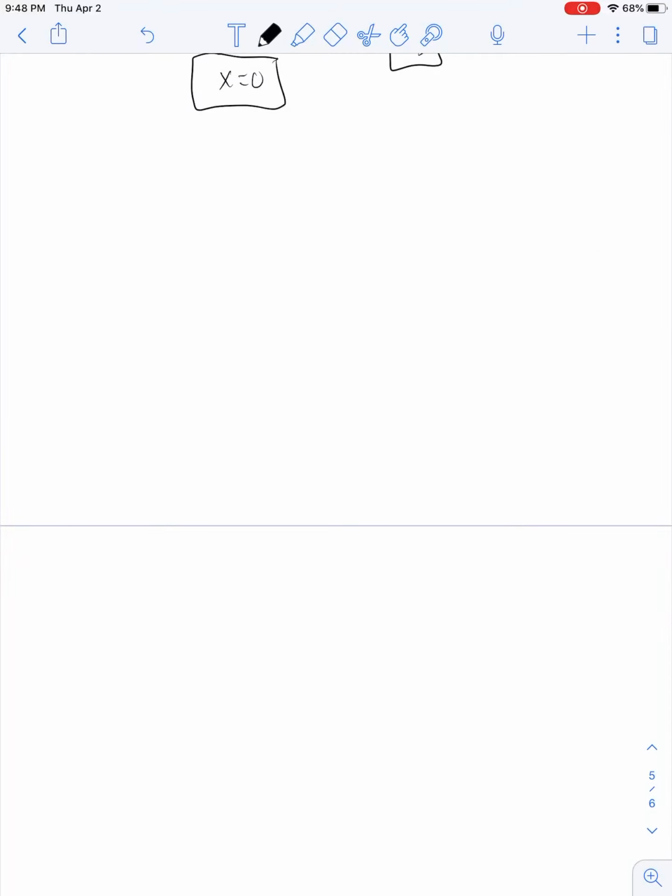Okay, so let's take a look at our next examples. I think these next examples are really nice because it's going to require us to do something a little different, right?